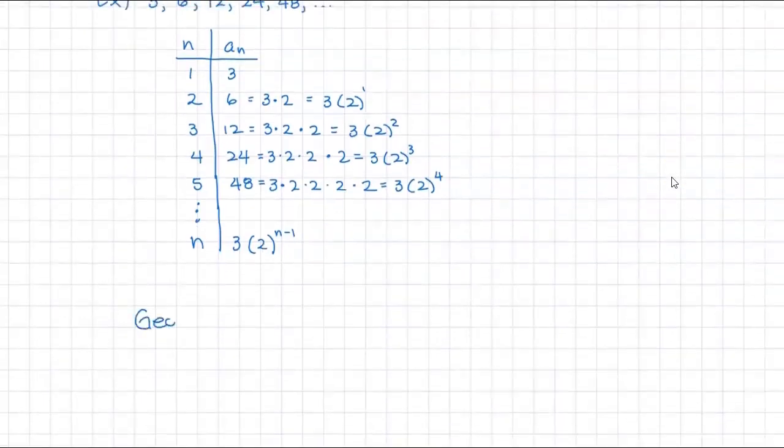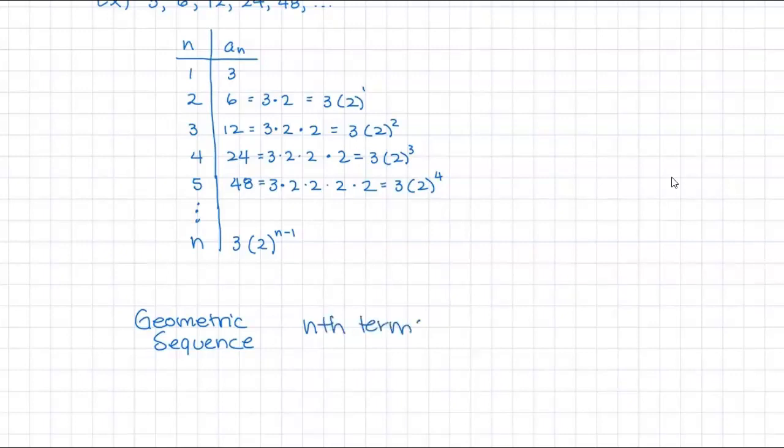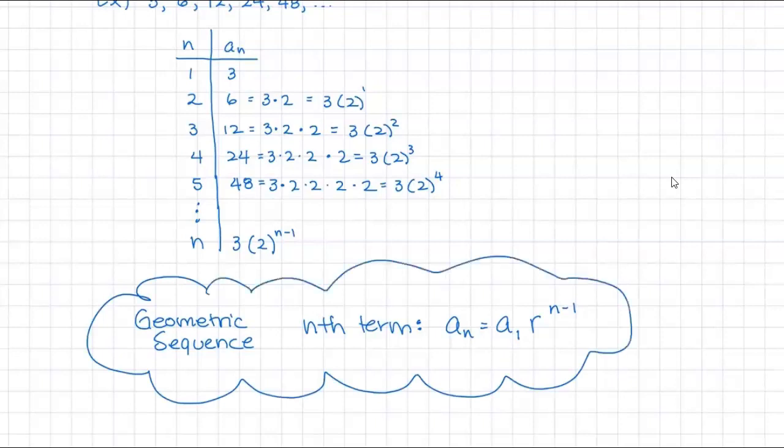So for a geometric sequence, the nth term, a sub n, equals the first term times the common ratio to the power of n minus 1. There we go. I'm going to go through all of the stuff, but then we'll look at some examples of these. I'll put the examples at the end.